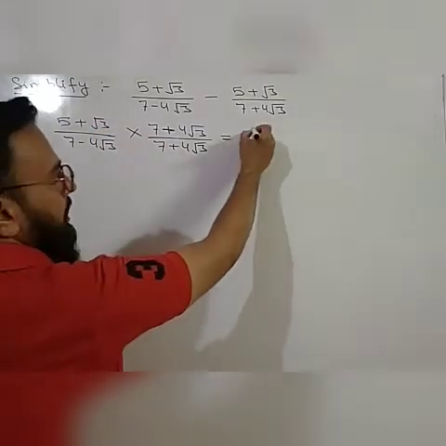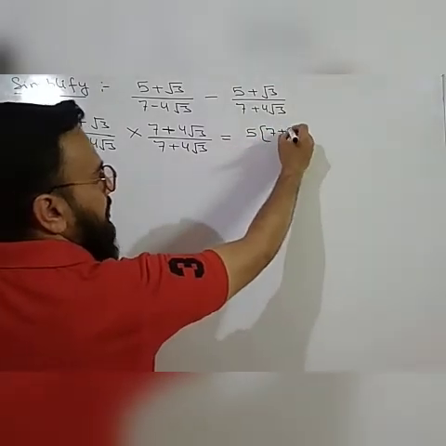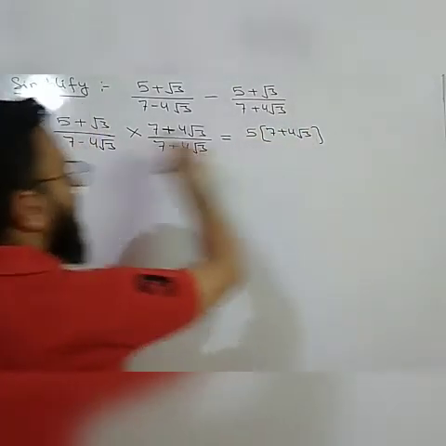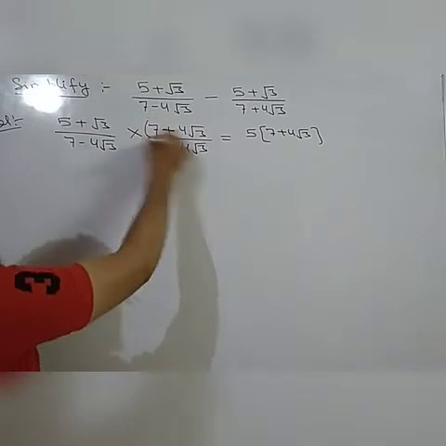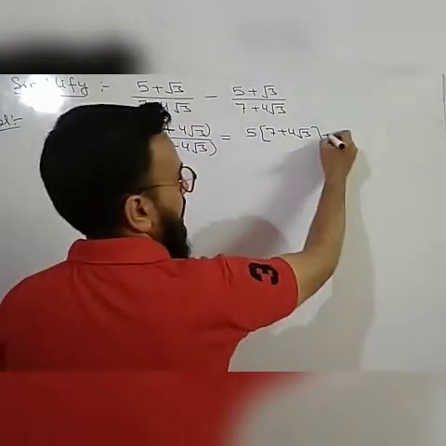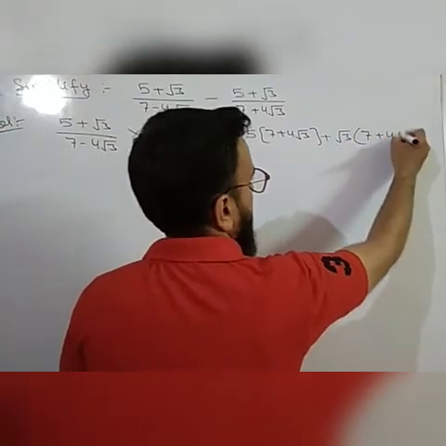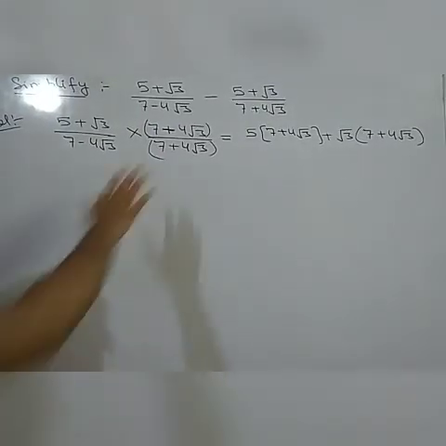So we have to multiply it directly. How will you multiply? First multiply by 5 in the whole bracket, 7 plus 4 root 3. Then multiply by root 3 in the whole bracket, 7 plus 4 root 3. Okay, so the numerator is multiplied.